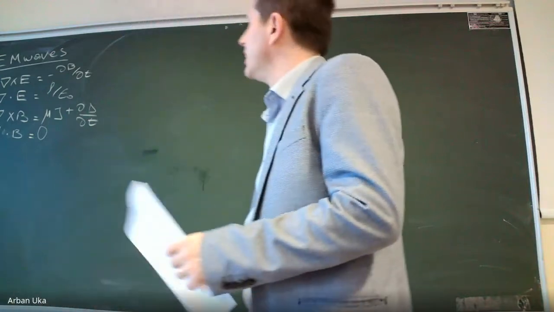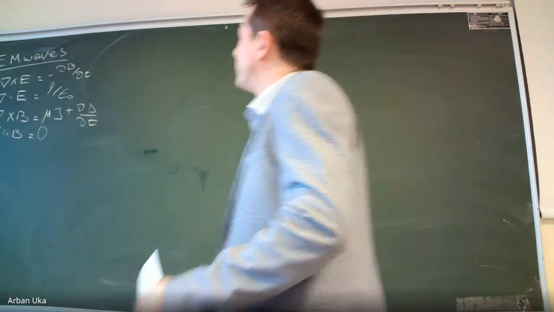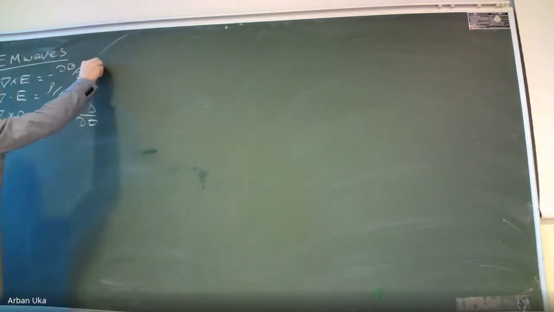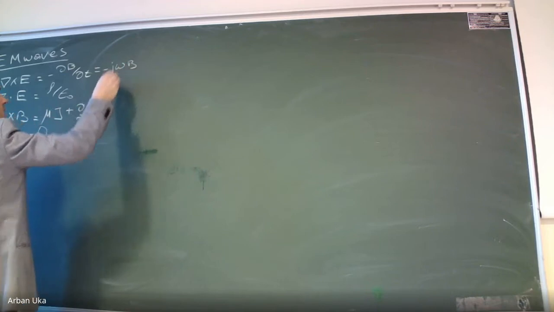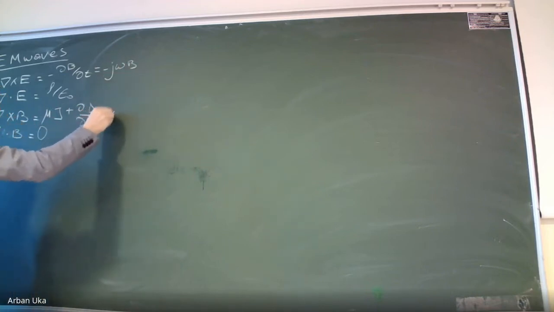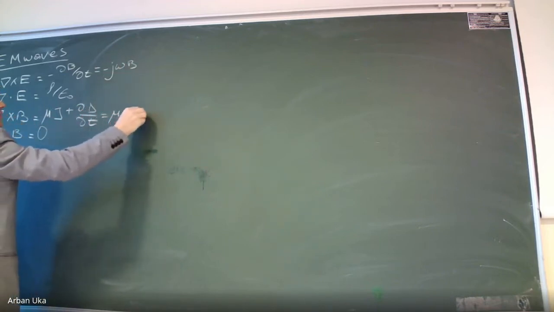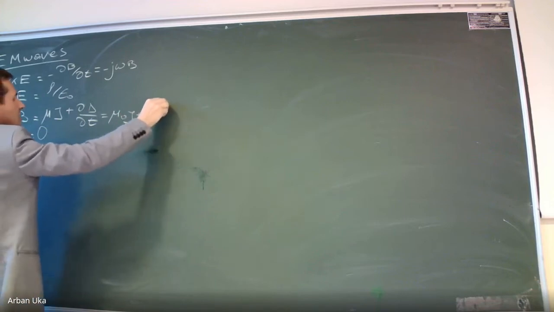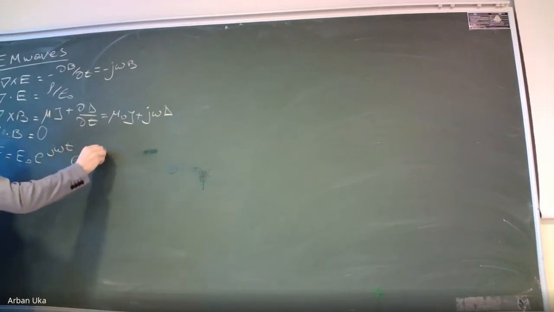In the phasor notation, we could modify this a little bit, meaning that this could be equal to minus j omega B, and here we might have something like mu 0 J plus j omega D, because in the phasor notation we often try to represent a wave such as, for example, E equal to E0 e to the power j omega t e to the power minus j kz.